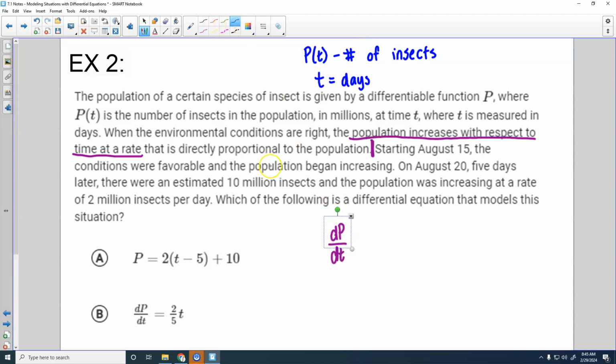And that is directly proportional to, so equals some sort of k times, what's the other variable over here? That is directly proportional to the population. So that would be P there.